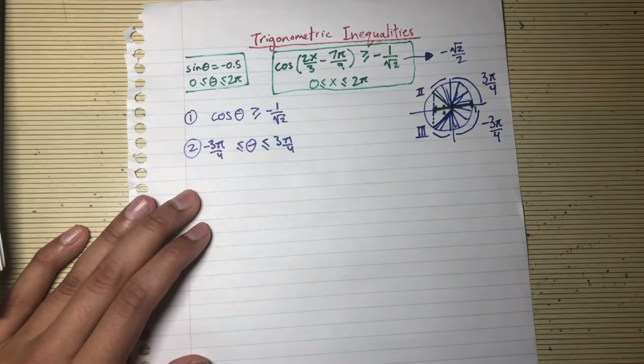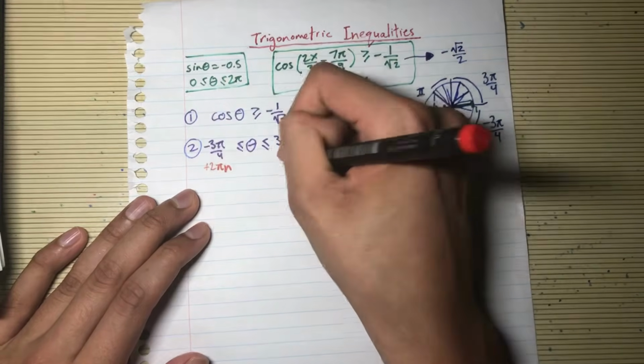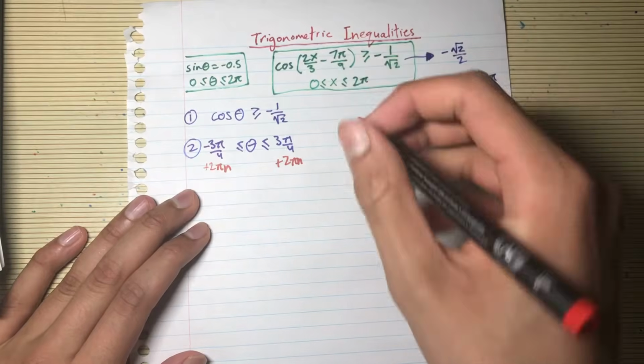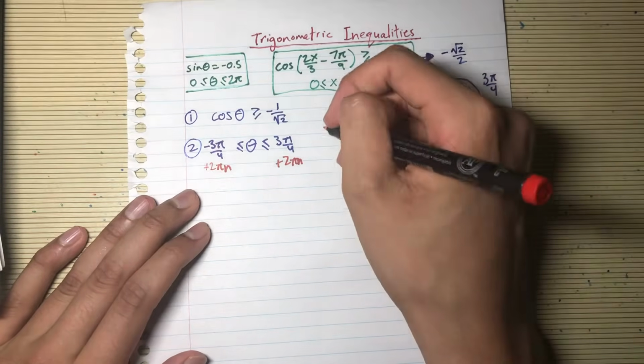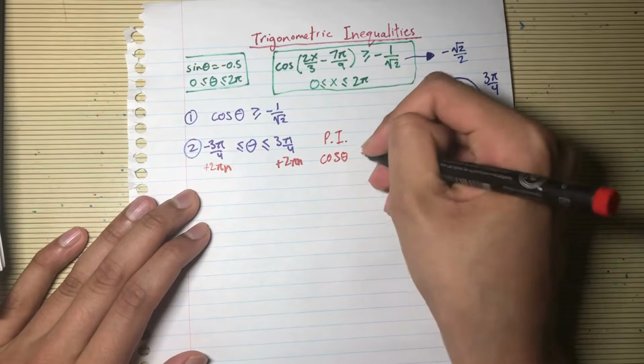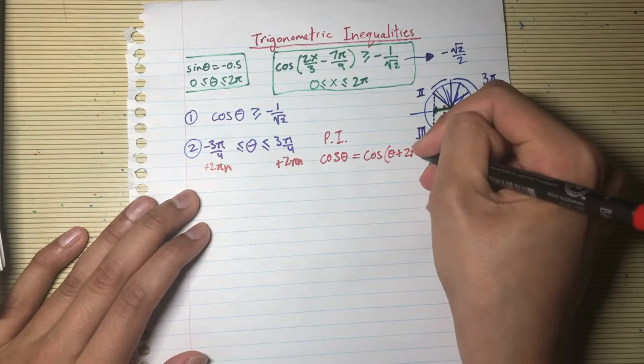But we must also remember the plus 2 pi n. And this just comes out of the fact that cosine is a periodic function, and because of the periodic identity, which states that cosine of theta equals cosine of theta plus 2 pi.